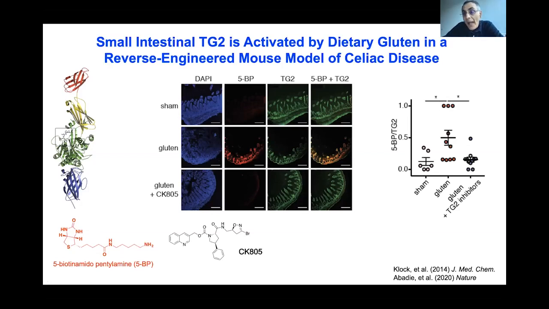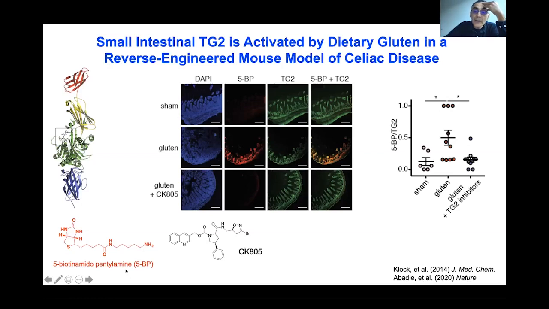It is somehow activated as a result of inflammation. And so for that, we engineered this biotinylated amine that reacts to glutamine residues in the course of the TG2 catalyzed deamidation. And so you end up with a biotin stuck to the substrate that TG2 modifies.